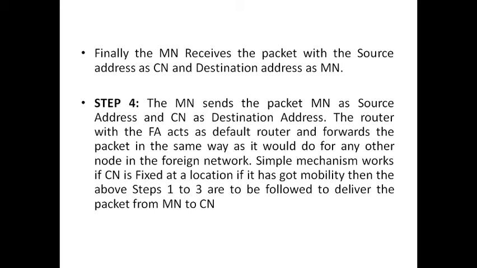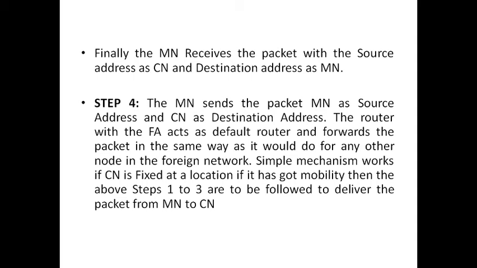Mobile node, because mobile node is sending the packet. So mobile node will become the source. Correspondent node will become the destination. So now mobile node will transmit the packet by adding the header, which consists of mobile node as the source address and correspondent node as the destination address. Okay, the way as it would do for any other node in the foreign network.